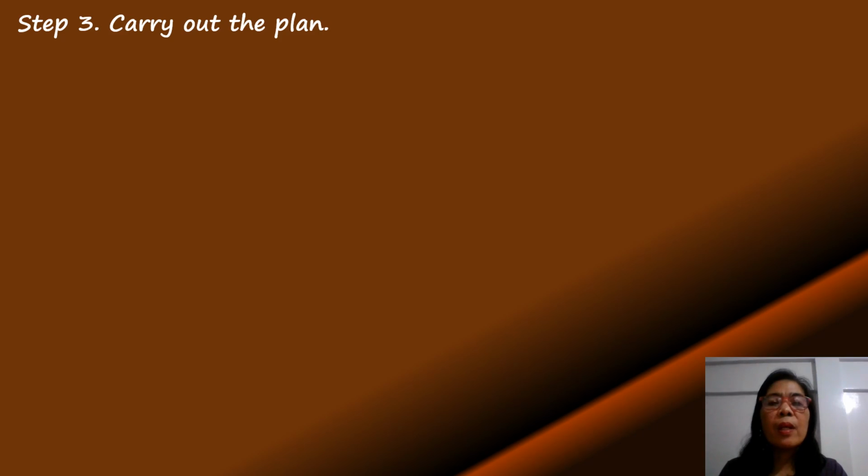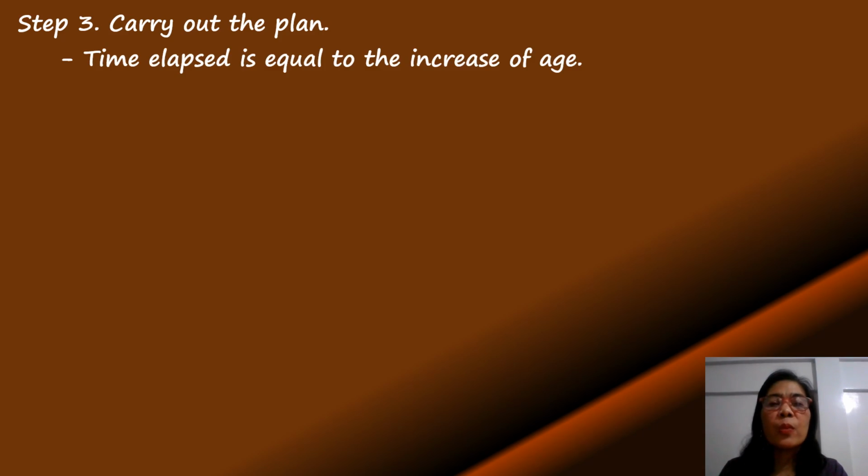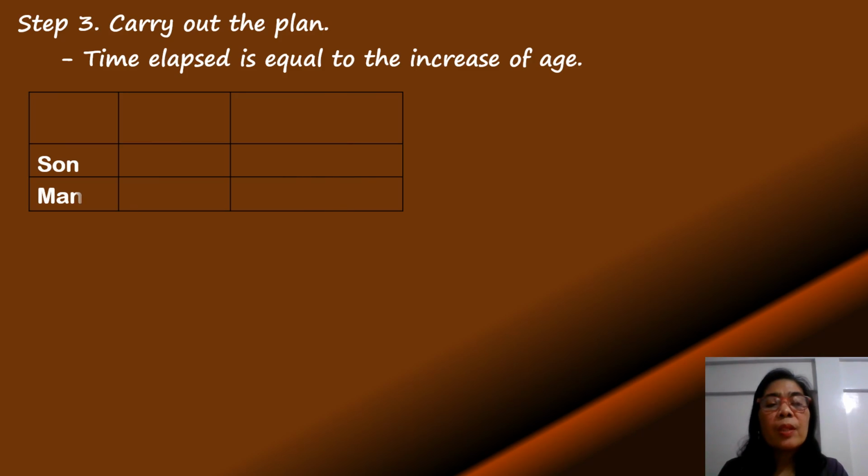Since we are given the number of years in the future when their ages are being compared, we make use of this principle that the time elapsed is equal to the increase of age. So we have here the son and the man, the present age and their future age 10 years from now.